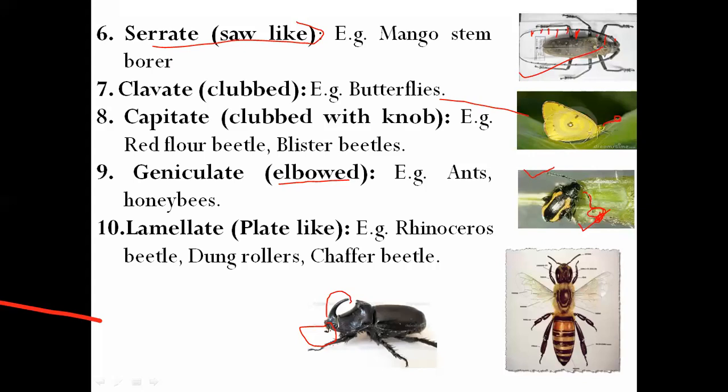Okay, so here this is the antenna. What I said is known as lamellate.